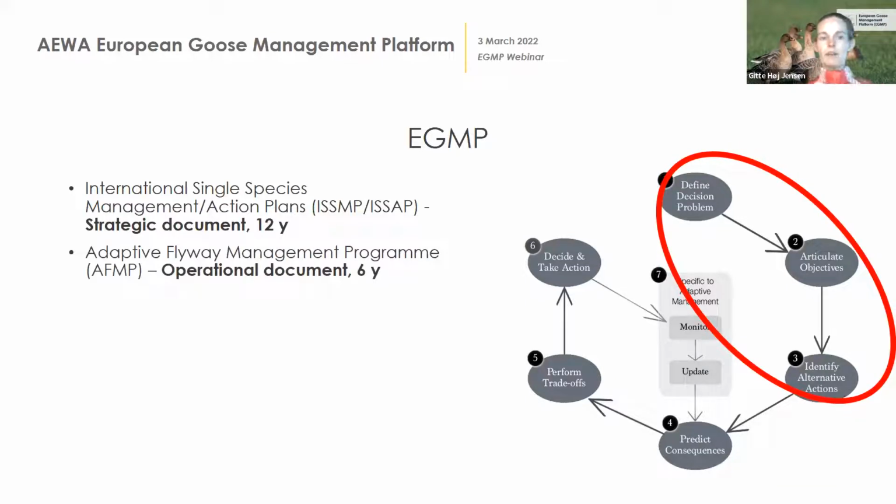We have the Adaptive Flyway Management Program, which is getting into a more operational document, which is updated every 6 years. This is where you can say we build the car based on our sketch. So we put on some more words, some of our problems and our objectives. We make sure that we have indicators for objectives so that there are measurables.